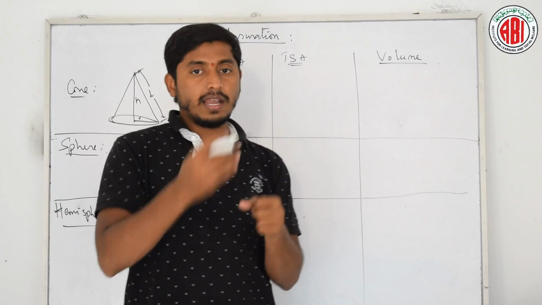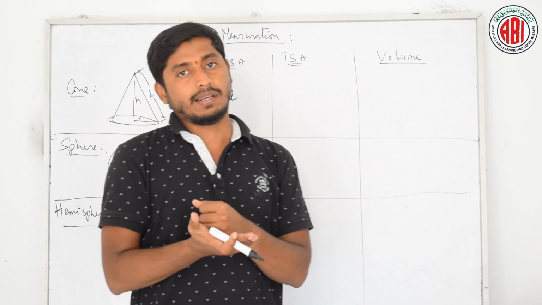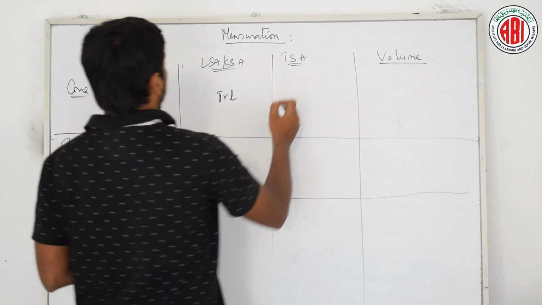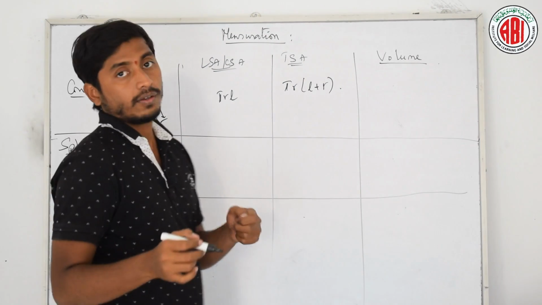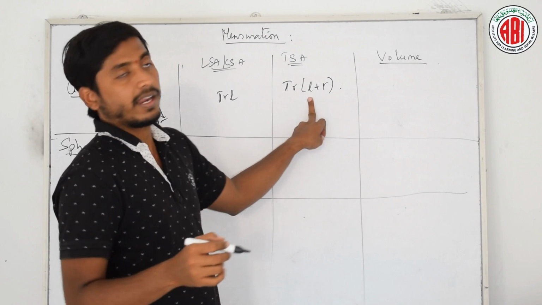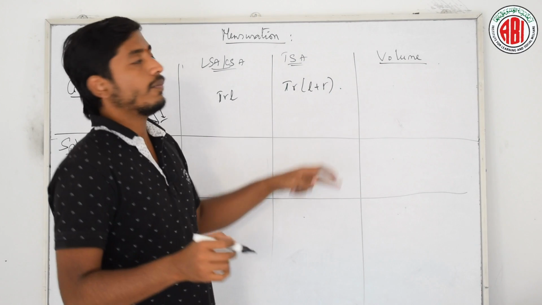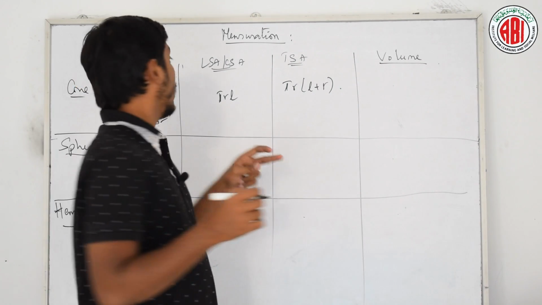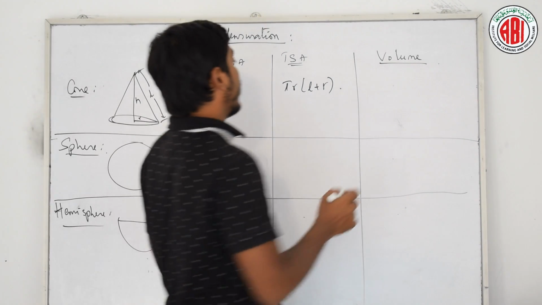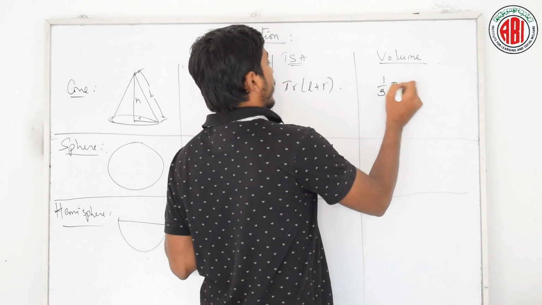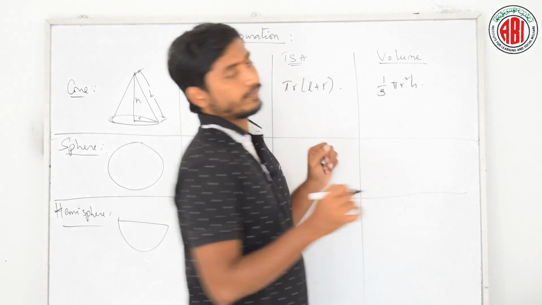TSA is pi r l plus pi r square, that will be pi r into l plus r, that is nothing but pi r square plus pi r l. Fine. Volume. If I take the whole cylinder, the cone will be one third of that. That is nothing but 1 by 3 pi r square h.